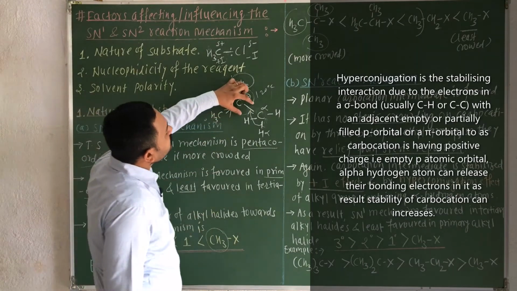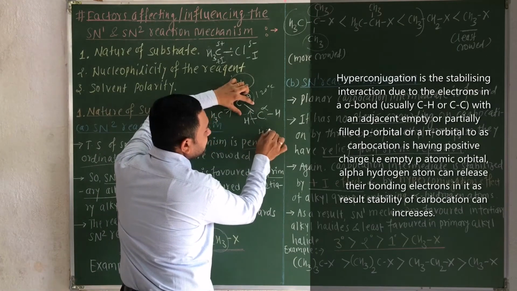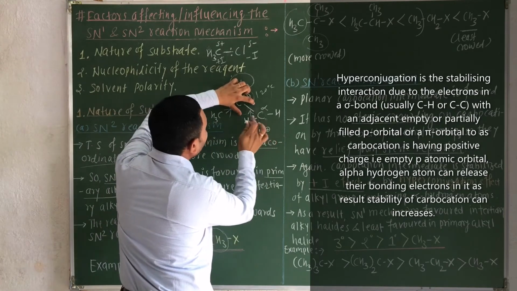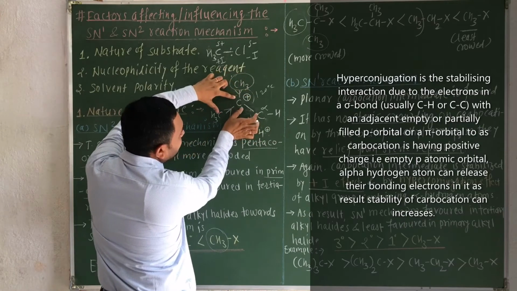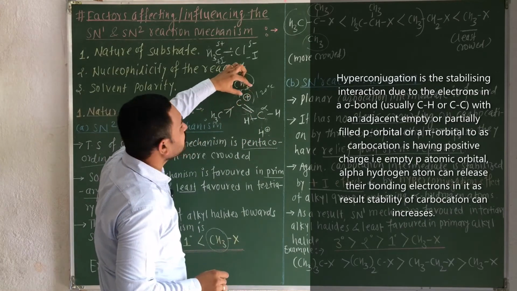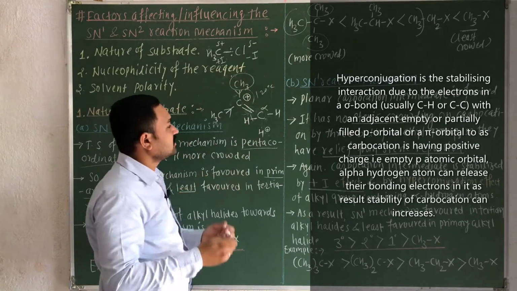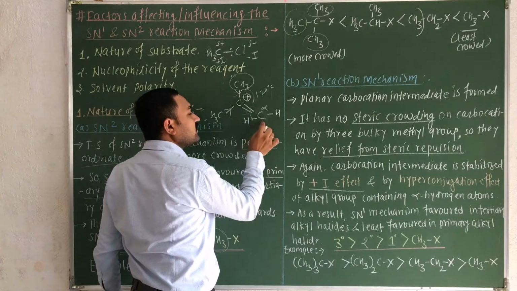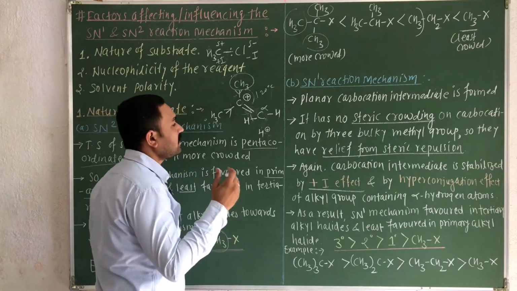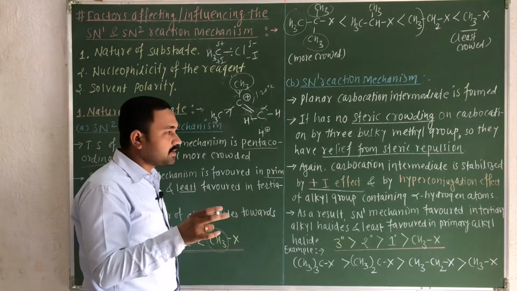So this bond will be completely broken and this will have the positive charge, and the single bond between these carbons will convert into a double bond. So here the electron density on this carbon atom of the carbocation is increasing. This particular effect is also called no bond resonance. This is another type of resonance effect, that is, hyperconjugation.